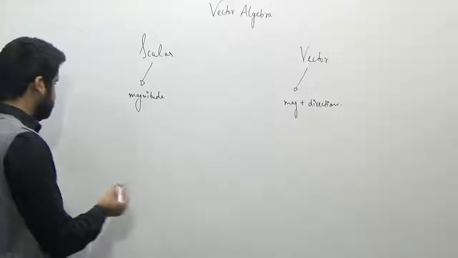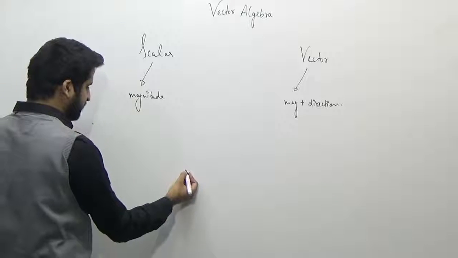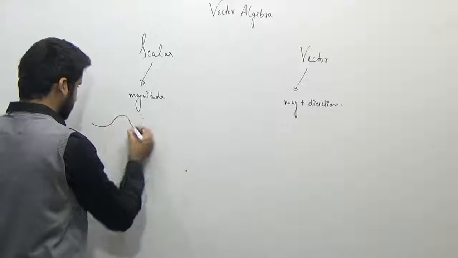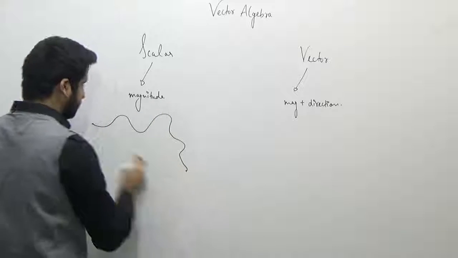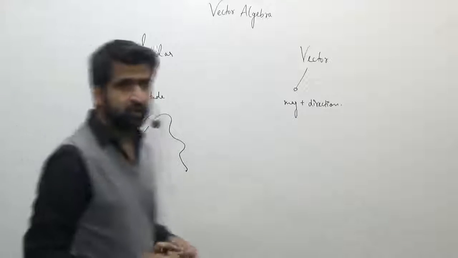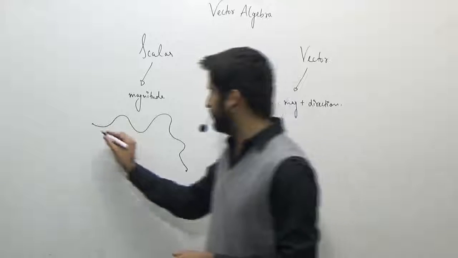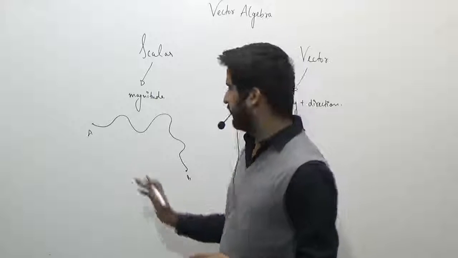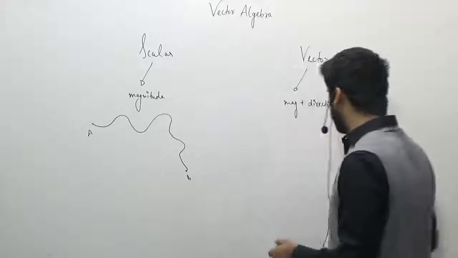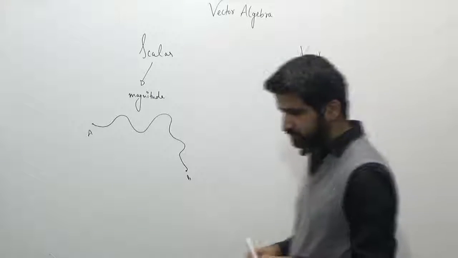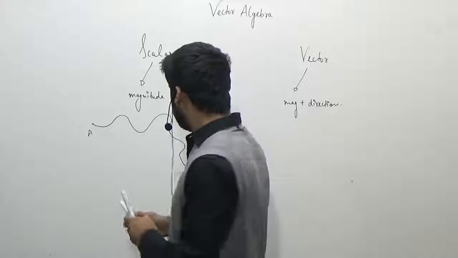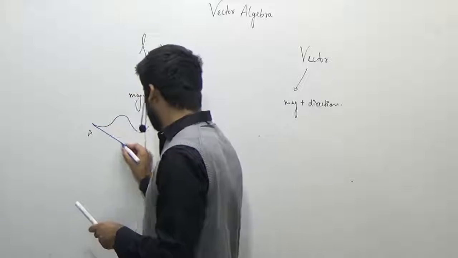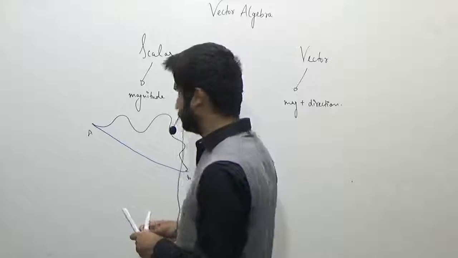Let's take an example. If a particle is moving from here to here, like this will be the whole distance. Now the total distance traveled by the particle from point A to B will be this curved path which it is following, right? But if I am talking about the displacement, this will be the distance and the displacement will be this one, right?